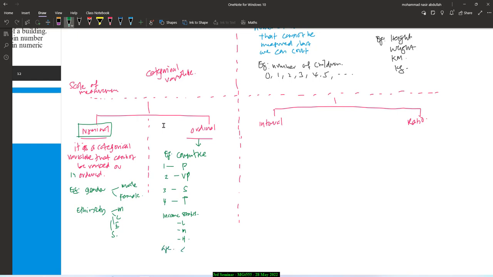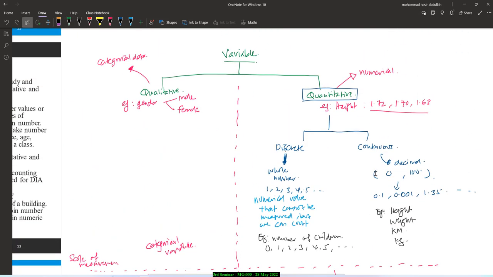For example, less than 20 years old, 21 to 30, 31 to 40, and so on, more than 40. It should be in order. It means it must follow a sequence. So something that can follow a sequence and must be in order lies under ordinal scale. So interval and ratio lie under quantitative variable, right?